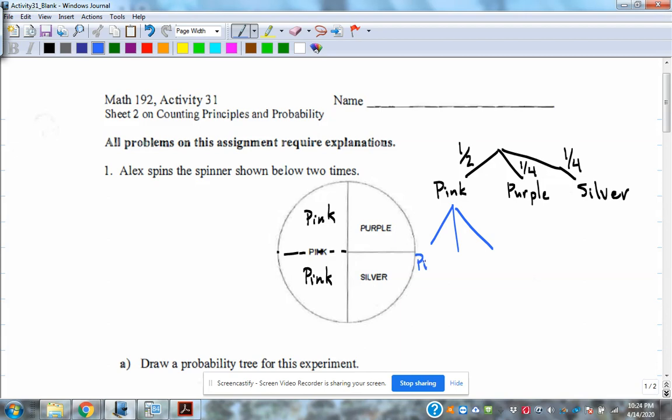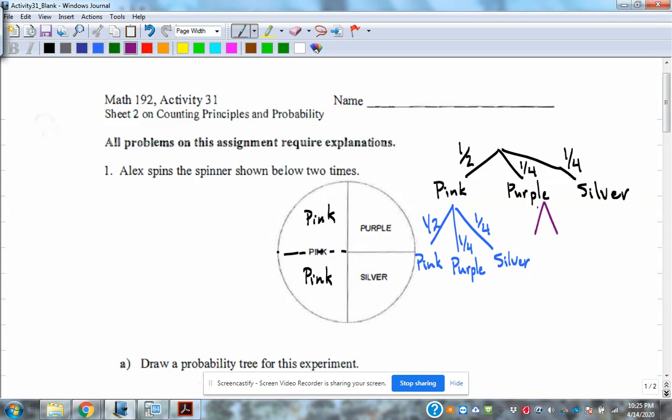If we go to pink again, the probability of pink on the second spin is still 1/2. The probability of purple still 1/4. Probability of silver 1/4.